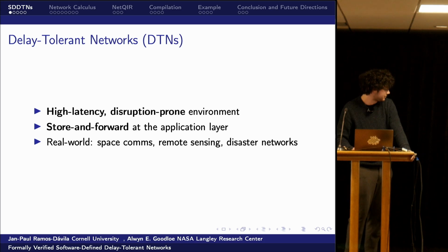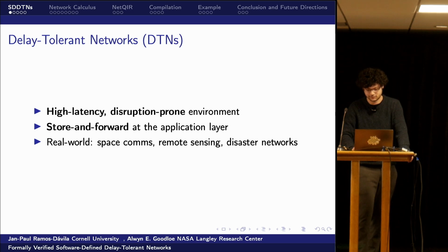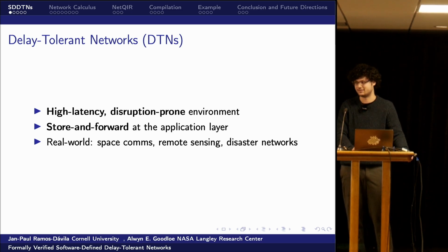Delay-tolerant networks are pretty useful for any high-latency disruptive environment, whether it be trying to communicate via satellites through long distances, like interplanetary distances, or whenever there's any natural disaster. The point of the delay-tolerant network is that we have intermediate nodes that can buffer data for hours or days, hence the delayed aspect of them.